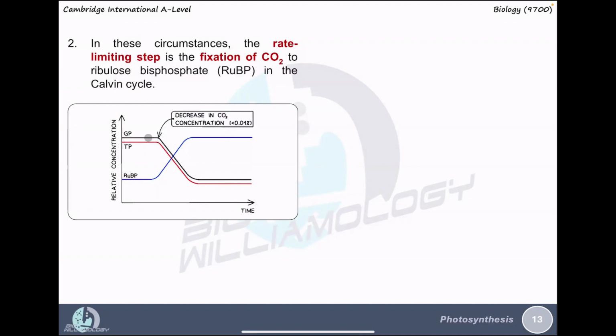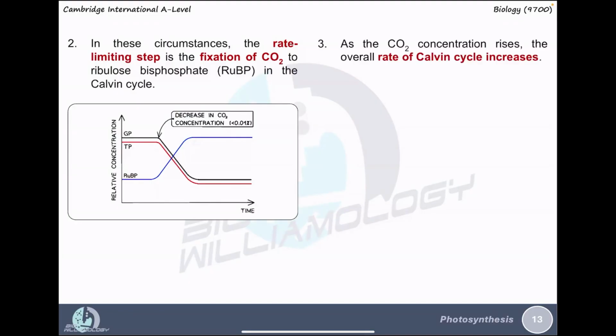So the overall effect is that GP concentration decreases. And how about TP? There is no factor that limits the process where TP regenerates RuBP, or TP is used for the product synthesis phase. So overall, TP concentration decreases, GP concentration decreases, but RuBP concentration increases.